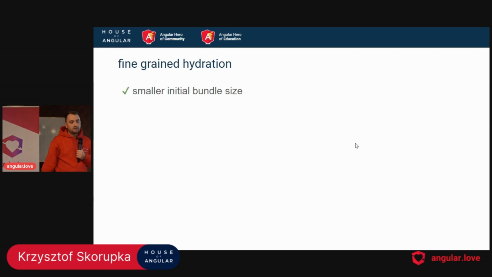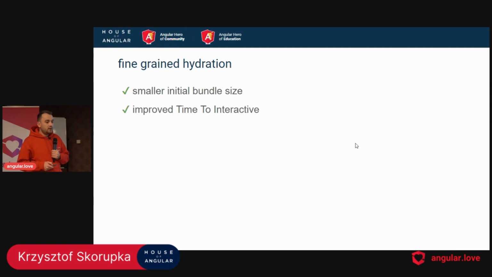Okay, so this fine-grained hydration results in a smaller initial bundle size, right? Because we have much less code to download initially. So yeah, it will just be faster. And it also improves time to interactive, because we have not only much less code to download, but also to execute, right?